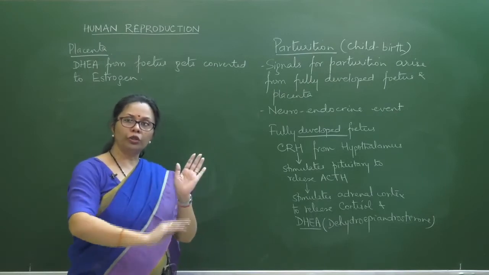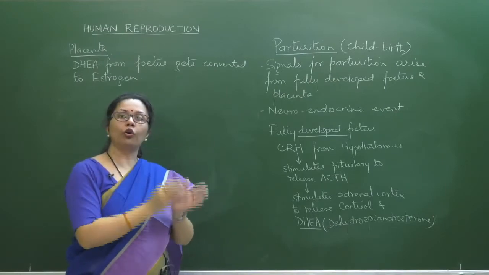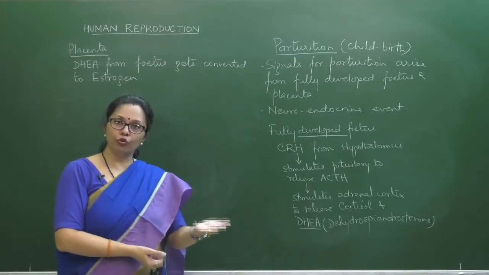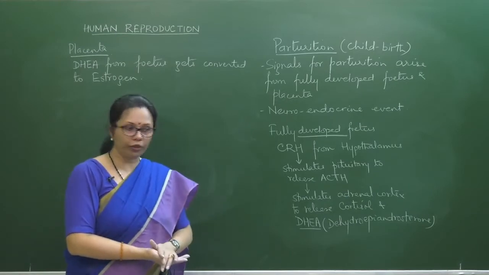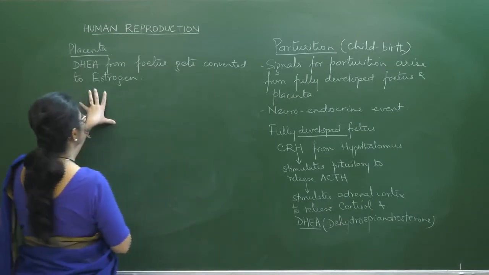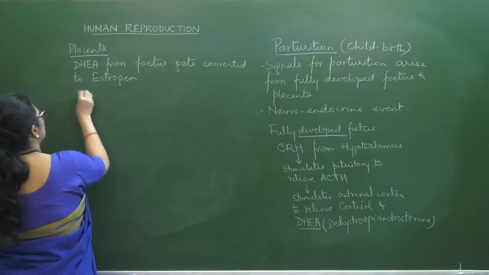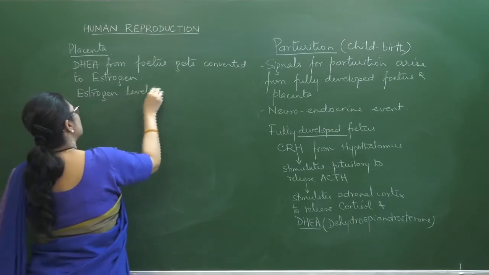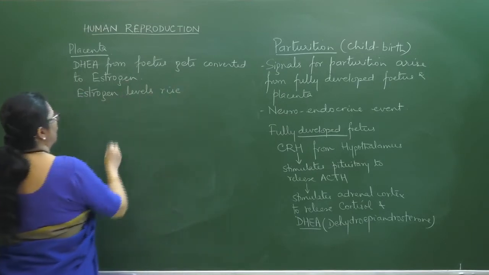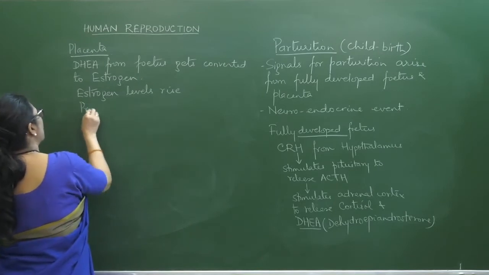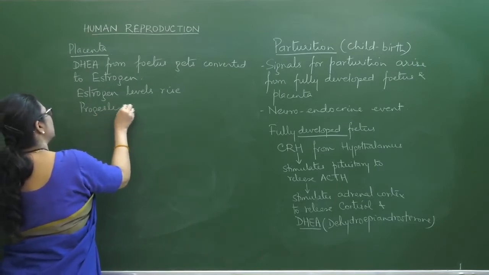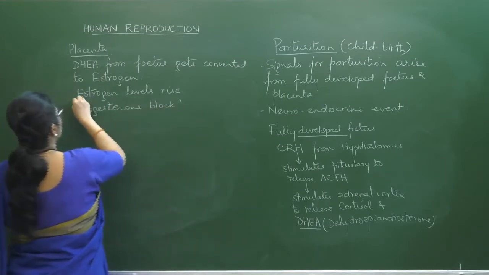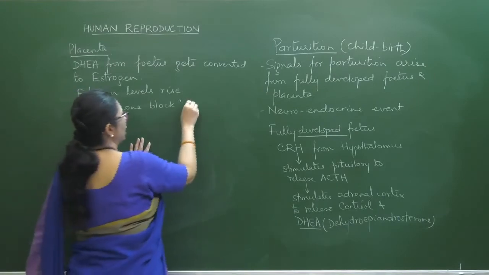All through the pregnancy, the dominant hormone was progesterone, but now the progesterone dominance is removed and estrogen becomes the dominating hormone. So estrogen levels rise, and this is called progesterone block. Now progesterone is no longer dominating, so the progesterone block is removed.